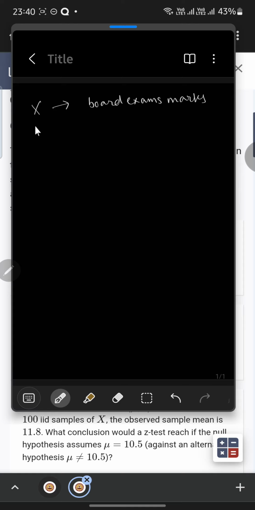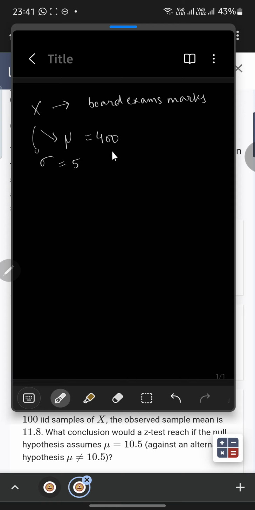This random variable has two characteristics, the mean and the standard deviation. And here in the question the mean is given as 400 and the standard deviation is given as 5.